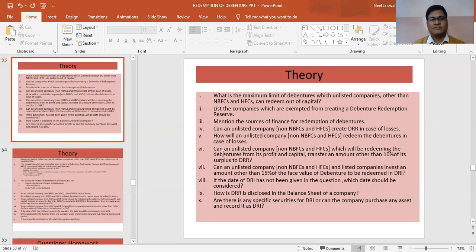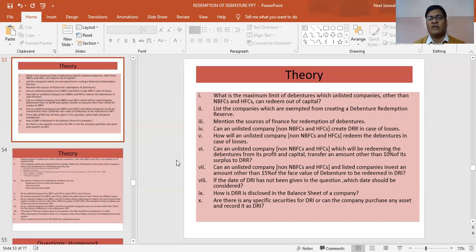Next, can an unlisted company which will be redeeming the debentures from its profit and capital transfer an amount other than 10%? Yes, they can, but that will be higher than 10%, not lower than 10%. 10% is the mandatory. Next, can an unlisted company and a listed company invest an amount other than 15%?